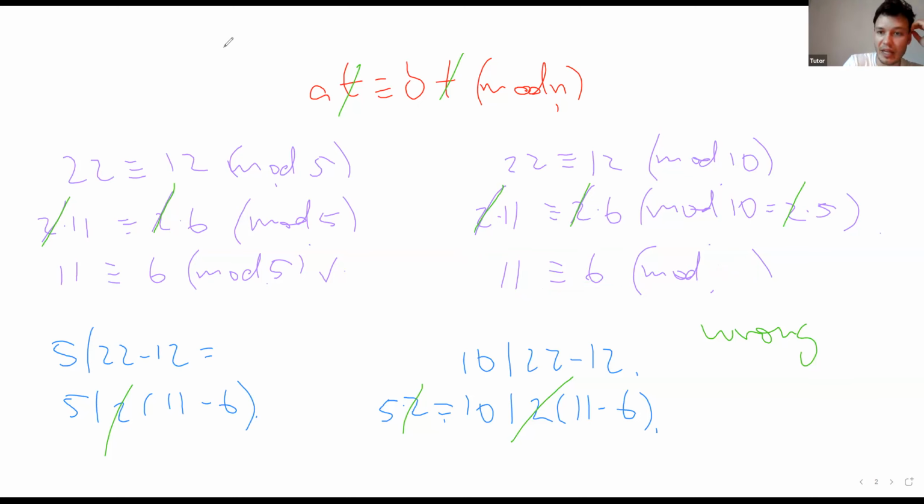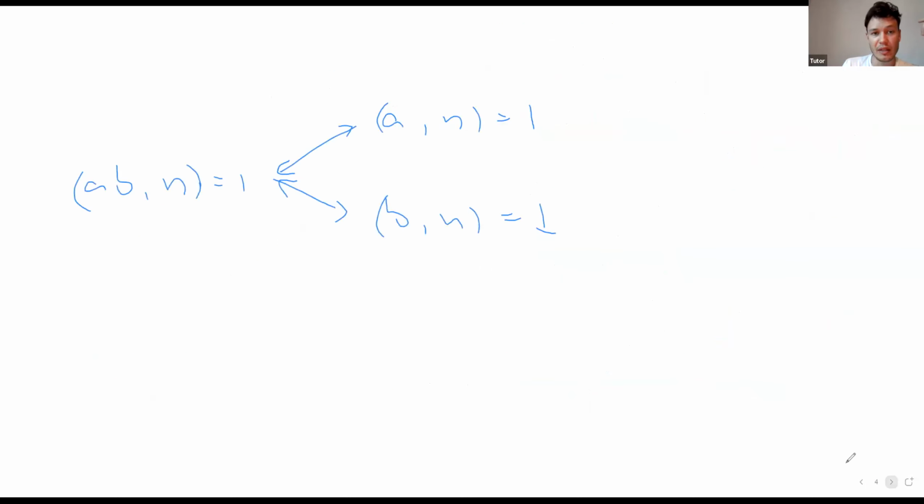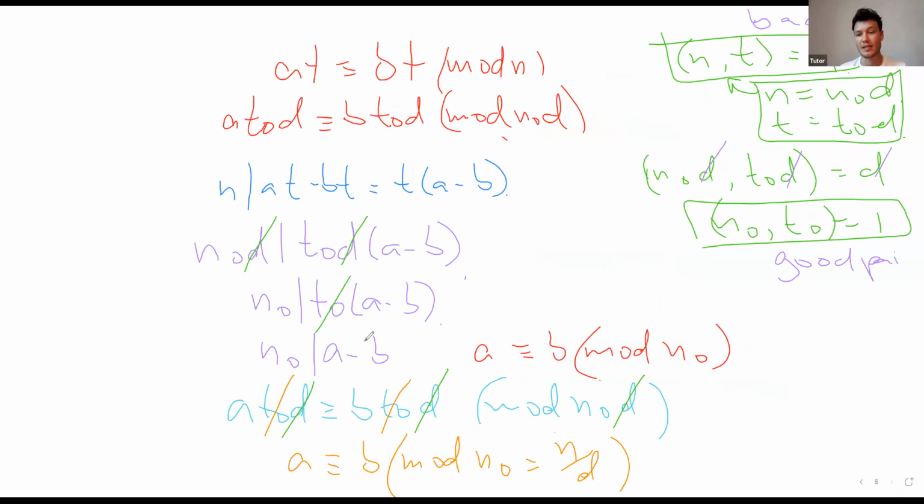I have a 5 in here. This is how we fix this problem, because 2 and 10 are bad to each other. How are they bad? Because they both contain a 2. So you take out the bad stuff, the common factor, which is exactly what we did in this equation, where we canceled the d on all the sides.